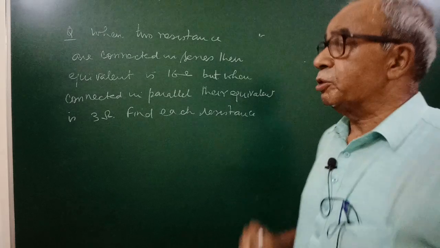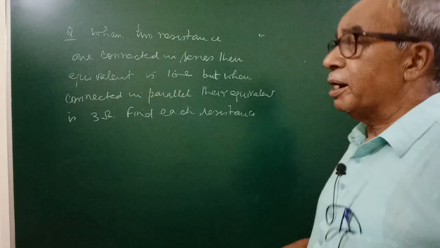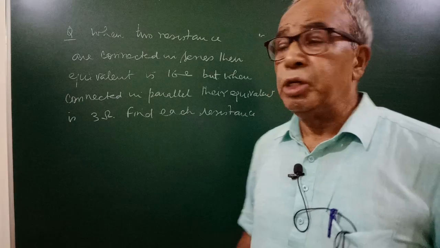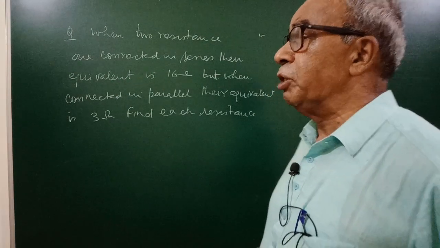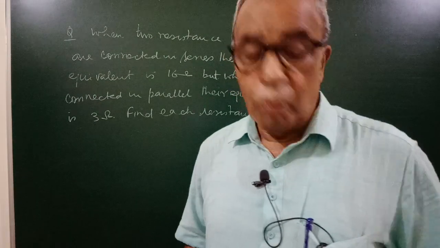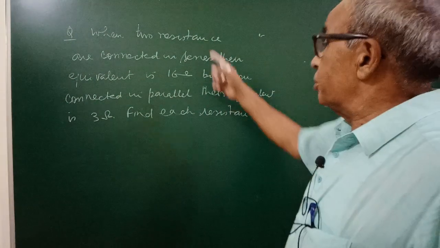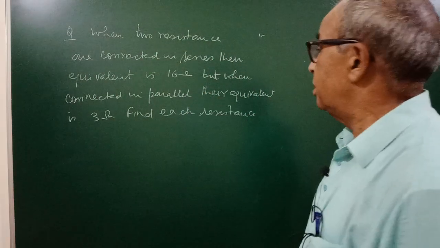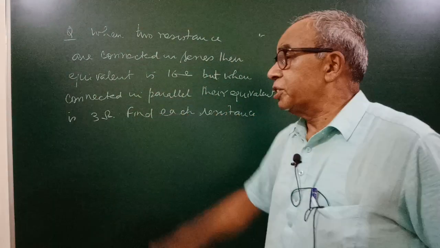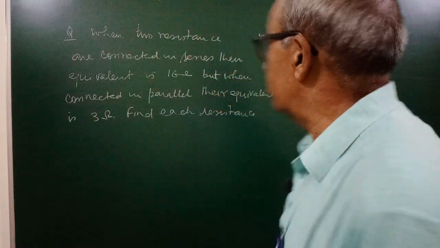If a student has two resistances, two conductors, and he can obtain resistance of 3 ohm, 4 ohm, 12 ohm, 16 ohm using a single one or using two, what are the two resistances? Like that, a 1 mark question. The student who had the knowledge of these two digits could do that directly without any solution.